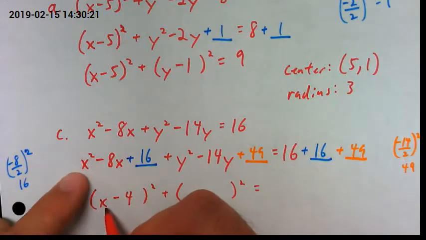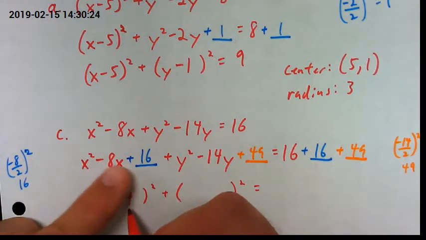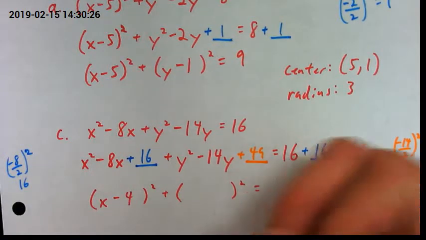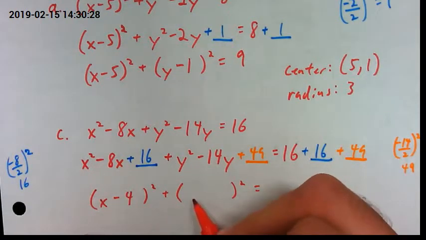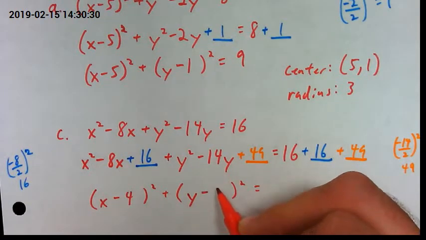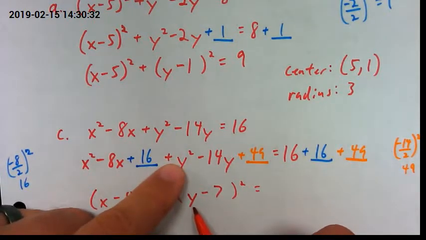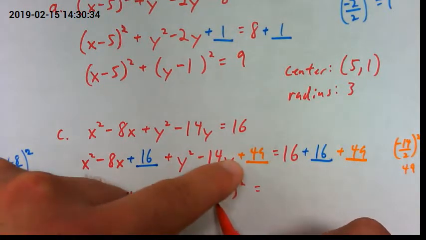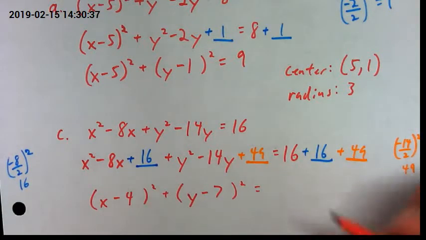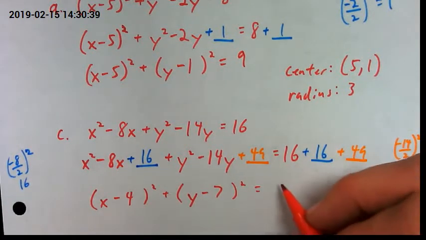Yeah, so we had the square root of the first term, sign from the middle, square root of the last term. All right, on the next one, what do you get? y minus 7. Square root of the first term, sign from the middle, square root of the last term. All right, and on the end, it's equal to what?